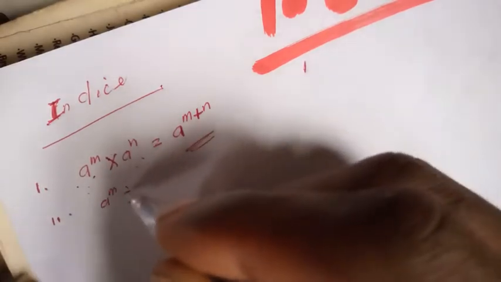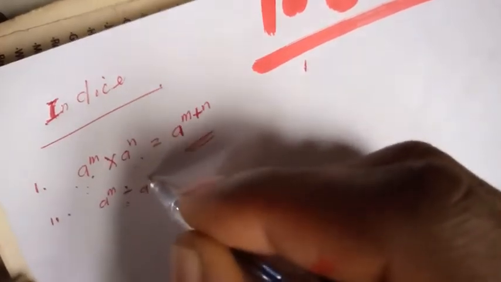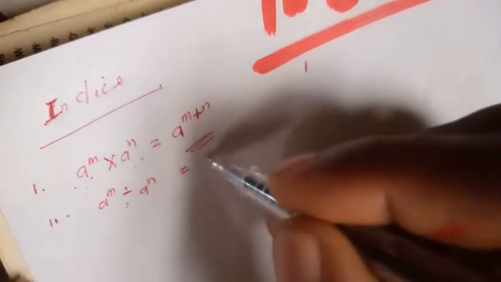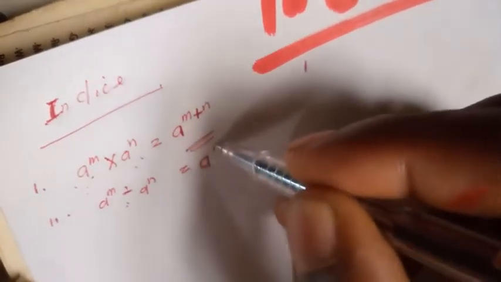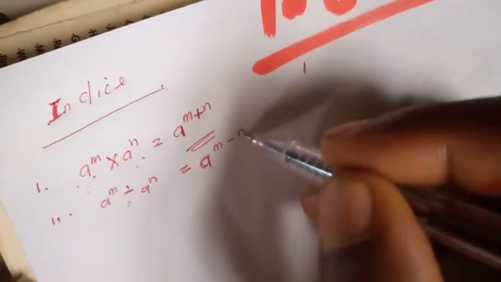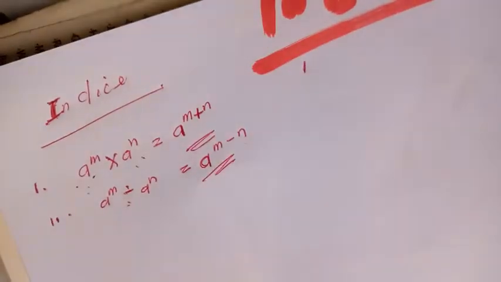Second law, or second scenario: sometimes we have a to the power m divided by a to the power n. Since they have the same base, we take one of the base, with power m minus n. Hope you get that.